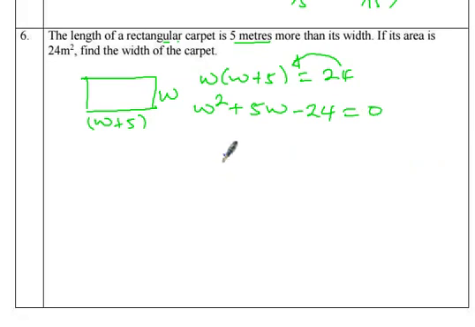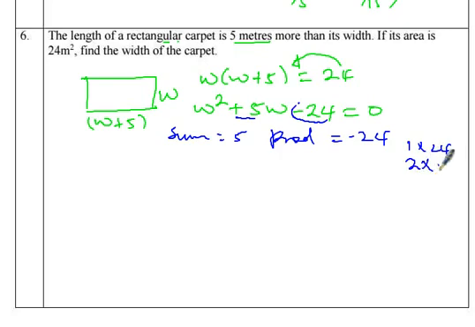So now that we have a quadratic equation, we need to solve it. What is our sum? Our sum is this number here, 5, and then our product. Now that this is 1, our product is the number right here, which is minus 24. And factors of 24: 1 times 24, 2 times 12, 3 times 8, 4 times 6.